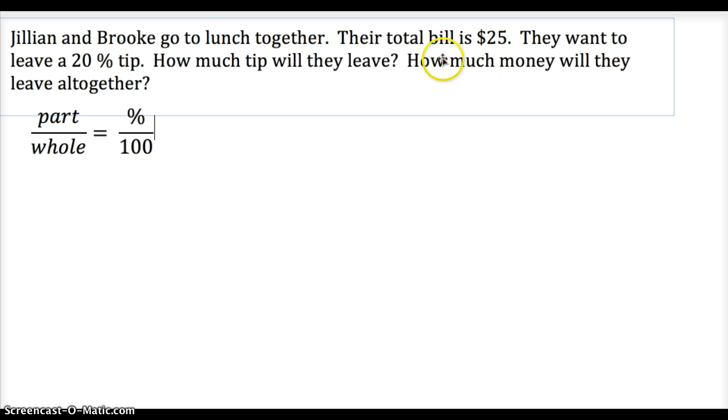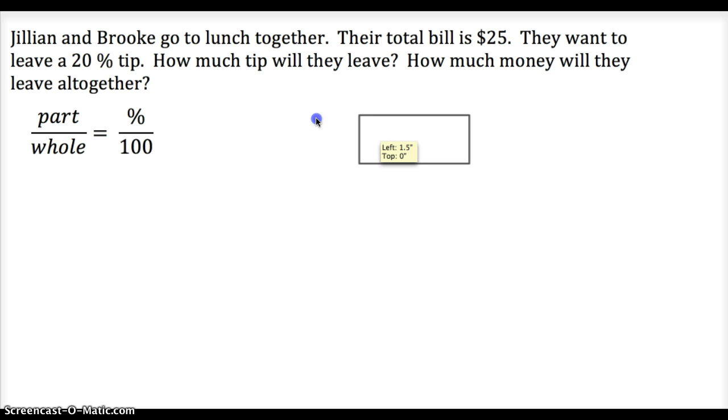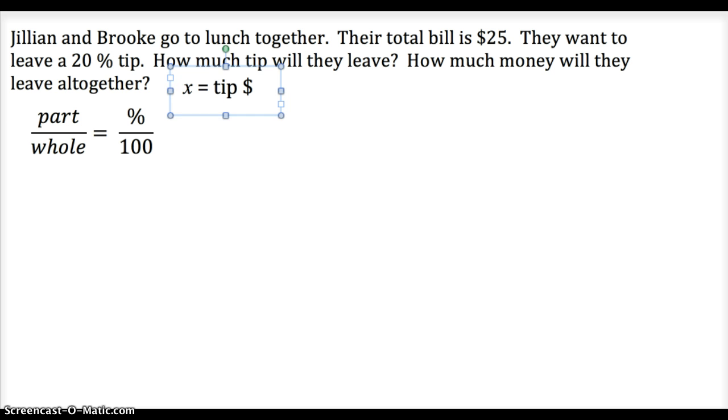We know that our total bill is 25, so we have our whole, and we also know that we need to leave a 20% tip, so we have our percentage. That means we're looking for our part. We're going to set a variable so that we're trying to calculate the tip. So x equals the amount of tip money.